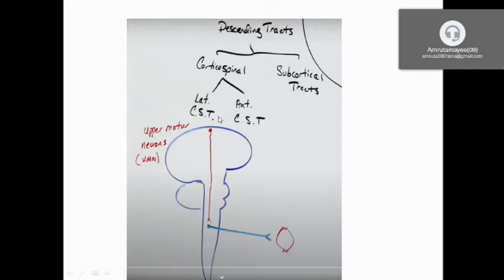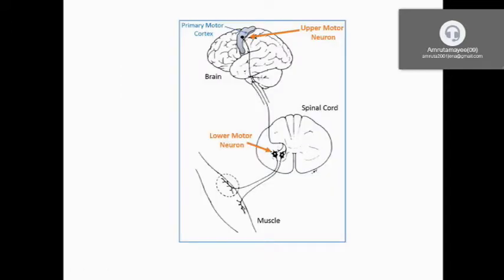Now again we will see the division of cortical or pyramidal. Here you can see the upper motor neuron in red color, and the lower motor neuron from the spinal cord to the muscle spindle. So this involves two types of neuron: upper motor neuron and lower motor neuron. In this good diagram you can see the two types in these descending tracts.